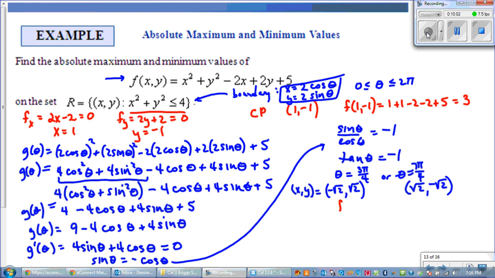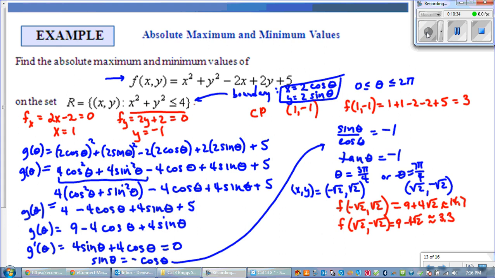So f of negative the square root of 2, square root of 2, comes out to be 9 plus 4 times the square root of 2, which is approximately 14.7. And f of square root of 2, negative square root of 2, comes out to be 9 minus 4 times the square root of 2, which is approximately 3.3.